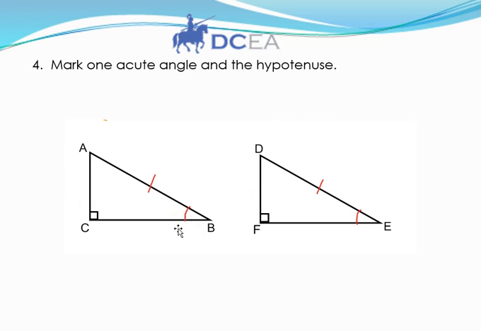Number 4. Mark one acute angle and the hypotenuse. So you can mark either angle B or angle A, and just make sure that you have the same angle marked in congruence on the second triangle. Now for number 5, mark both pairs of acute angles.